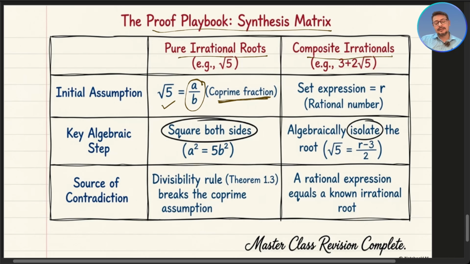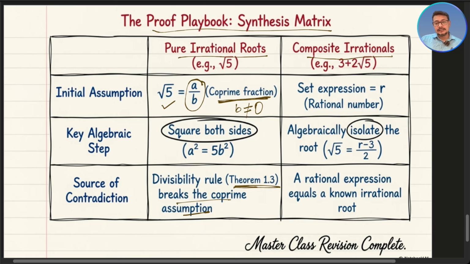That means a and b are co-prime and b should not be equal to 0. The key algebraic step is to square both sides: a square is equal to 5b square. Then the source of contradiction is the divisibility rule, theorem 1.3, which breaks the co-prime assumption.